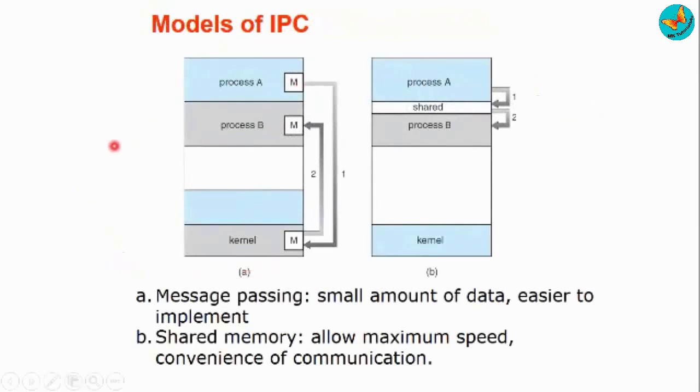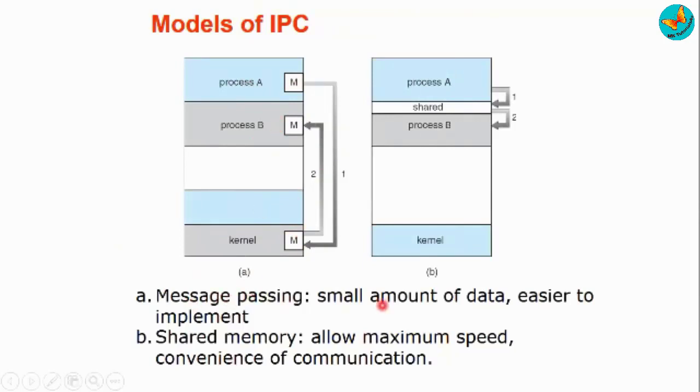Suppose process A wants to send a message to process B, then it will send it to the kernel, and then the kernel will send it to the other process. In message passing, only a small amount of data can be transferred and it is easier to implement.